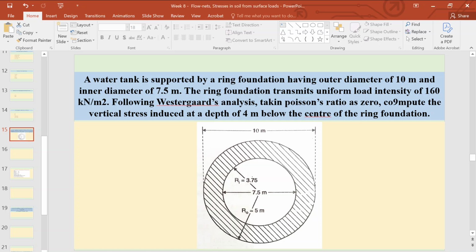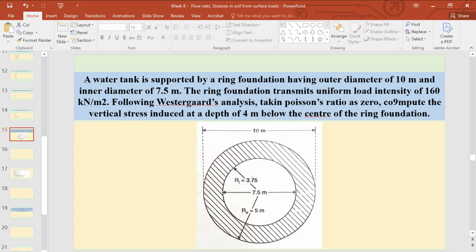You can draw the diagram or you can take a screenshot of it, whatever is comfortable. A water tank is supported by a ring foundation having outer diameter of 10 meter and inner diameter of 7.5 meter. The ring foundation transmits uniform load intensity of 160 kilonewton per meter square.